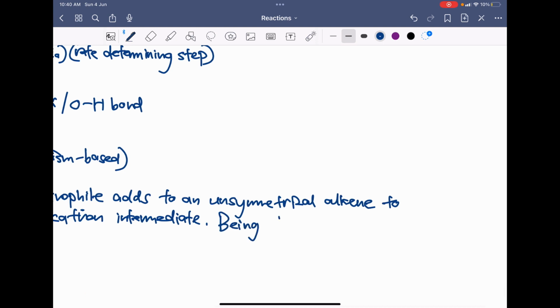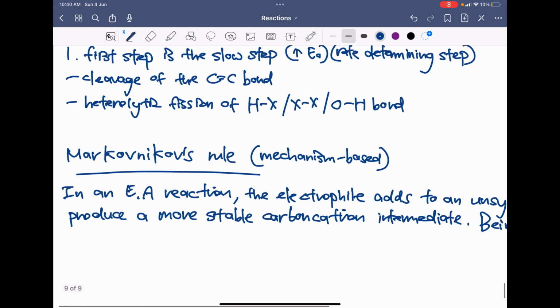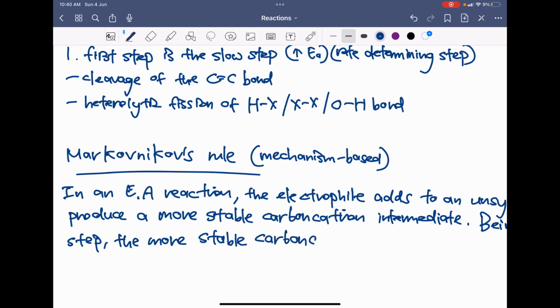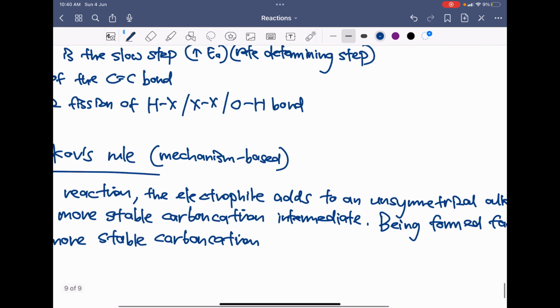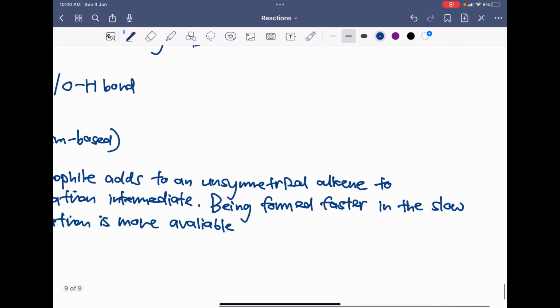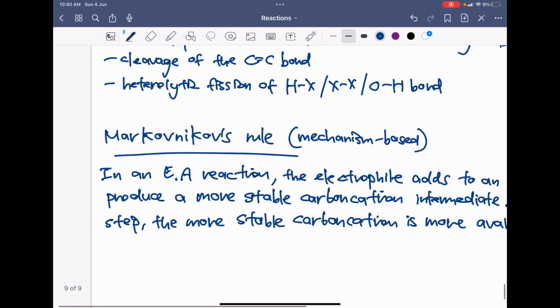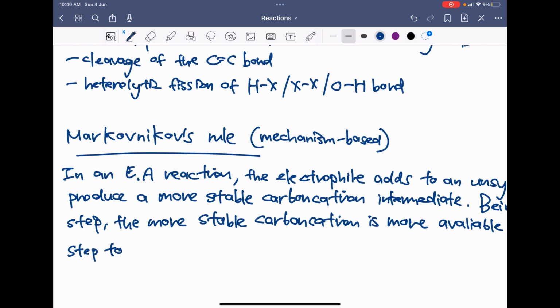Being formed faster in the slow step, the more stable carbocation is more available to participate in the first step to form the major product.